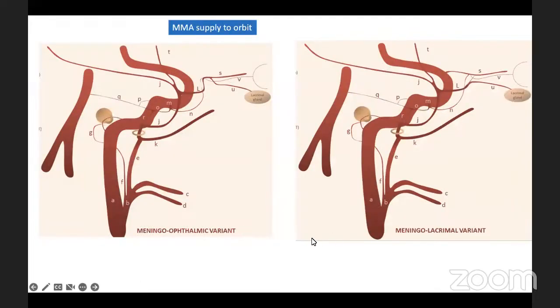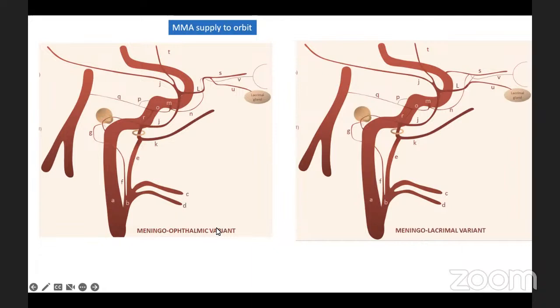Another rare but very important variant is the MMA supply to the orbit. As we discussed, the ophthalmic artery is the one which supplies the orbit in the adult stage. However, if that doesn't take place, the MMA supplies the orbit and the ophthalmic artery is not well formed, then there can be two variants: the meningo-ophthalmic variant and the meningo-lacrimal variant.